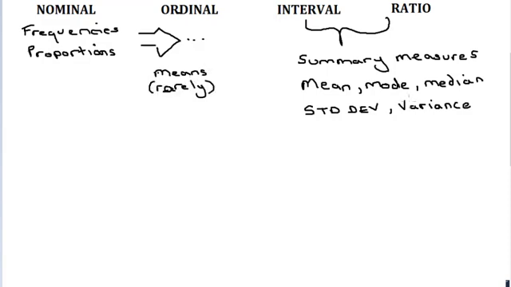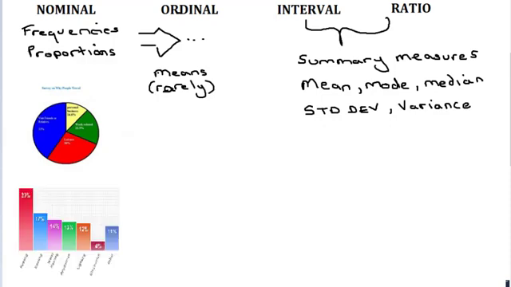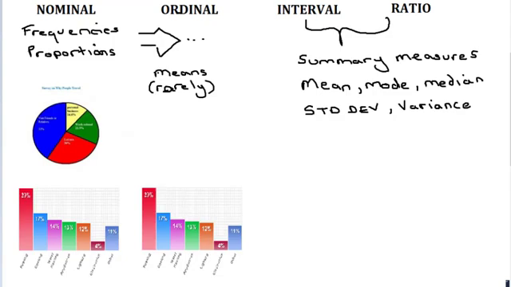Pie charts work well for displaying nominal data, as do bar graphs. For ordinal data, a bar graph is great. Do not use a pie chart, it doesn't work. For interval and ratio data, you can also use a bar chart. In addition, you can use a histogram.